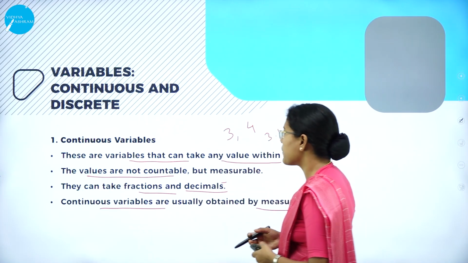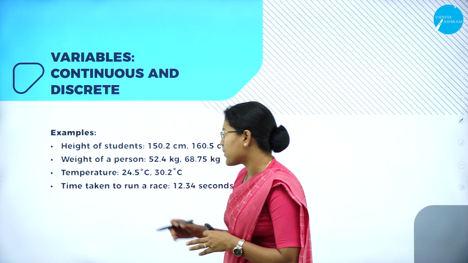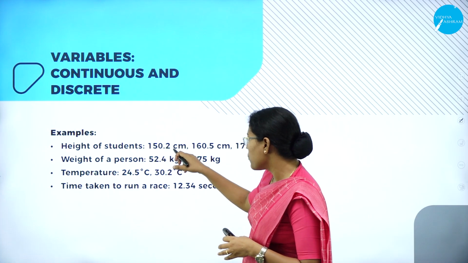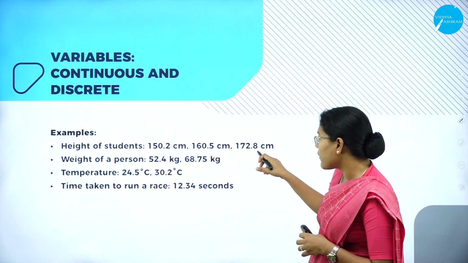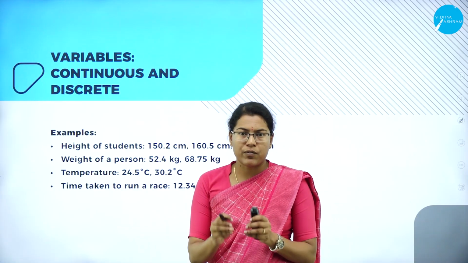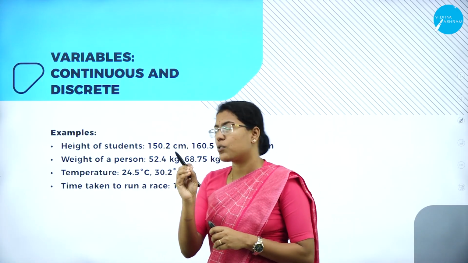For examples, so these are the examples of continuous variable. Say height of the students. We can say either it can be 150.2 centimeter or 160.5 centimeter, 172.8 centimeter. So it can't be always 150, 151, 153 like that. It can be in points also.